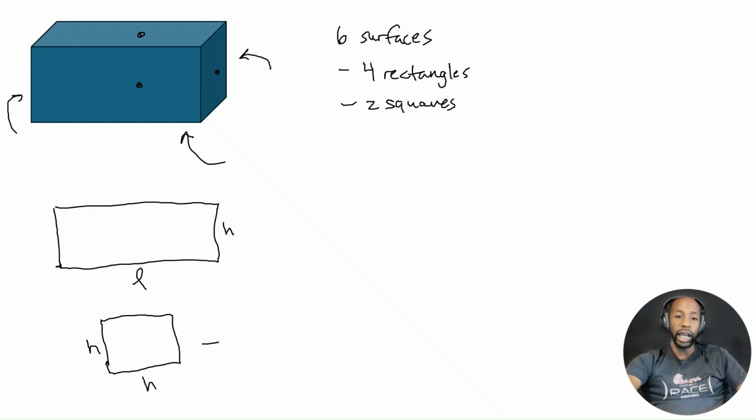So you basically have 2 times height squared, and then here you have 4 times the length times the height. Therefore, the surface area of this rectangular prism ends up being 4 times length times height plus 2 times the height squared.